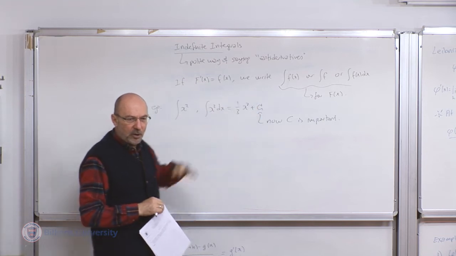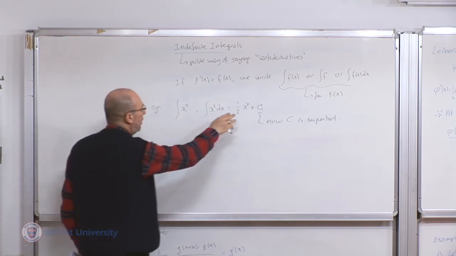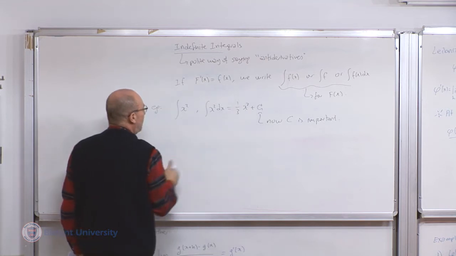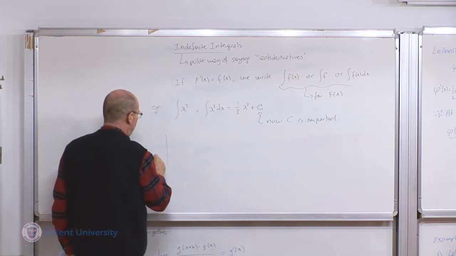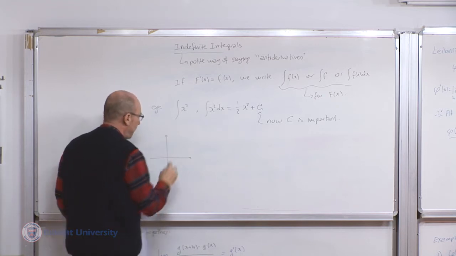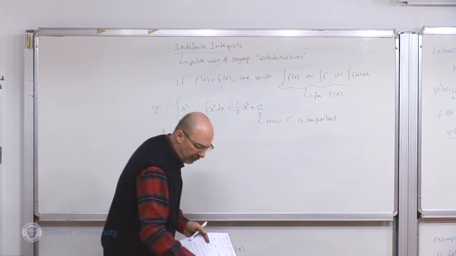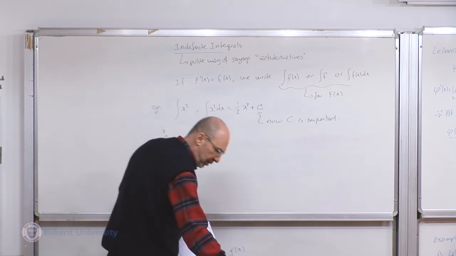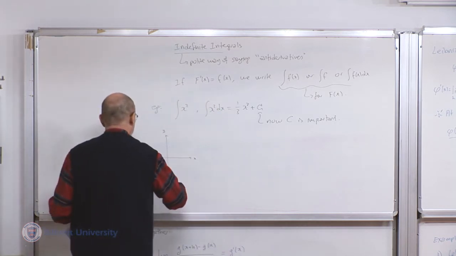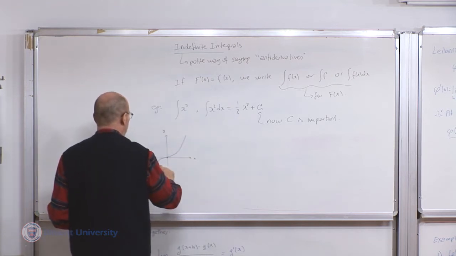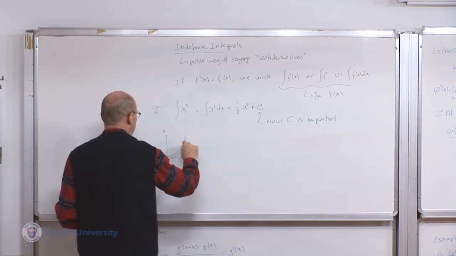Because as I mentioned to you, the antiderivative means you are talking about functions. So the graphs of these functions are something like this. This is x, y. So the graph of this function is probably something like this. This is when the constant is 0. This is when the constant is negative.